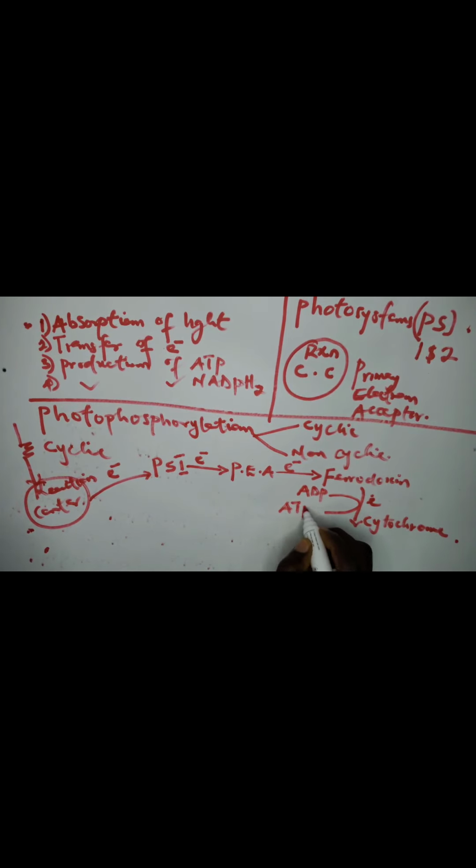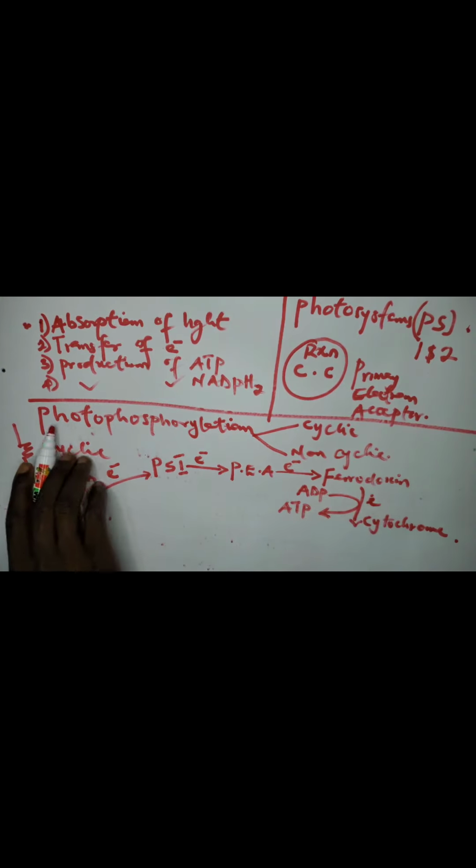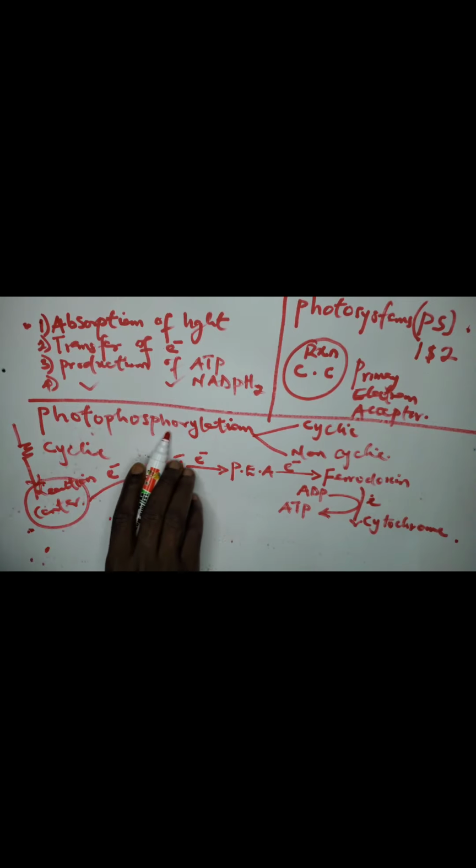ADP means adenosine diphosphate, while ATP means adenosine triphosphate. Now, you can see the number of phosphates has increased. Here we have di, 2 phosphates, and here we have tri, 3 phosphates. So we have justified the meaning of this word, photophosphorylation.